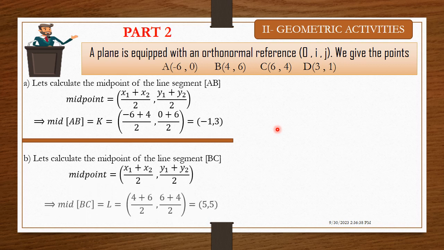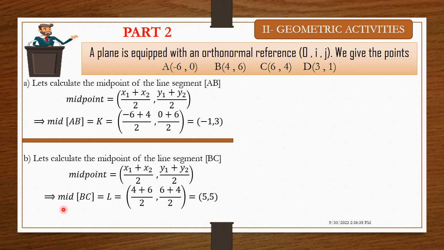With the same formula, the midpoint of the line segment BC, which we are going to call L, is (4 plus 6) on 2, then (6 plus 4) on 2. This gives us the point (5, 5). So L is equal to (5, 5), and L is the midpoint of the line segment BC. We proceed.